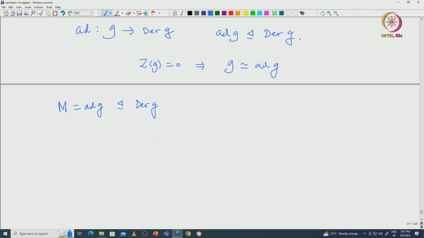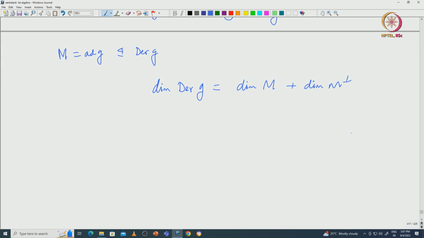In particular, the dimension of the derivations will be equal to the dimension of m plus the dimension of m perp, because the Killing form restricted to m is the Killing form on m, and that is non-degenerate. So, we get this dimension matches. To prove that ad g is equal to Der(g), it is enough to prove that the dimension of this m perp is 0.